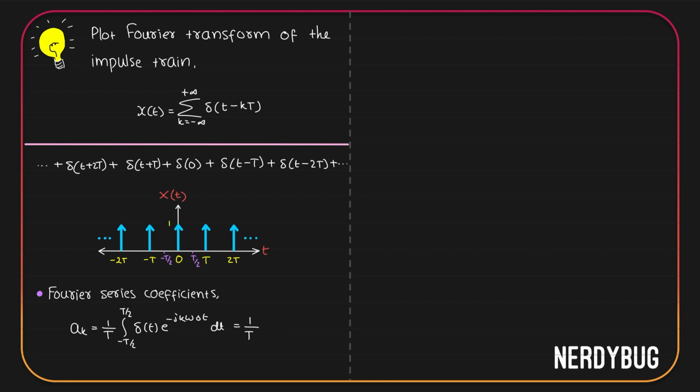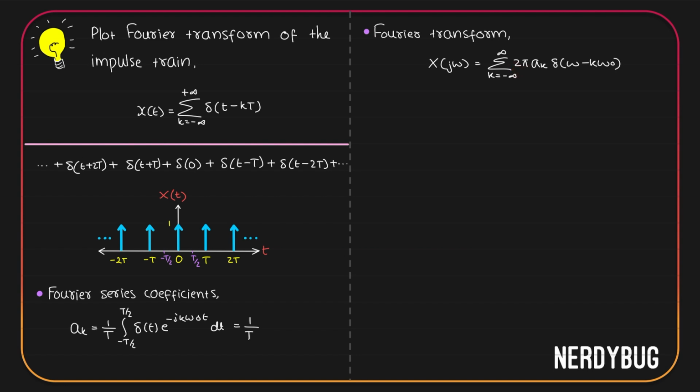Now that we have a_k, we can find the Fourier transform of this function. This function is obviously periodic with a time period T. So for periodic functions, we know the Fourier transform X of j omega is given like this: summation from k equals minus infinity to infinity 2 pi a_k delta of omega minus k omega naught.